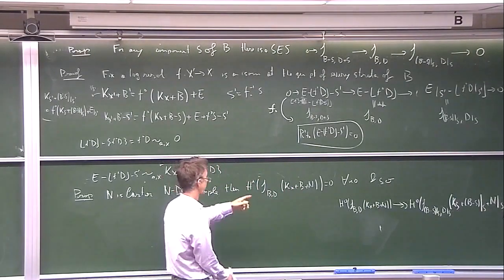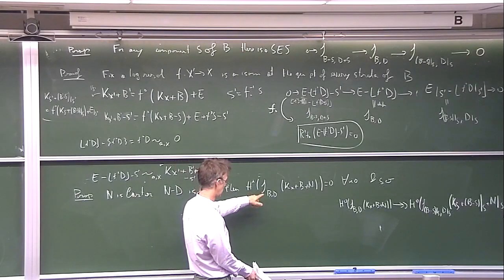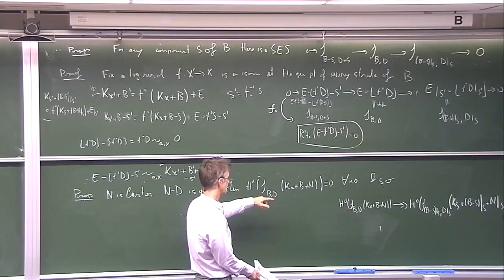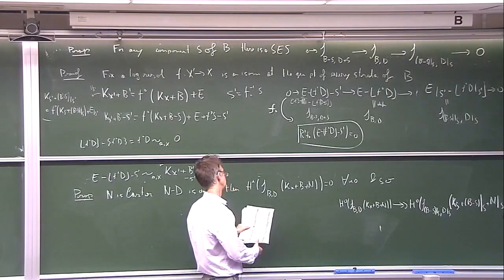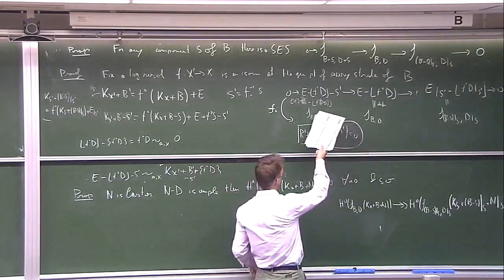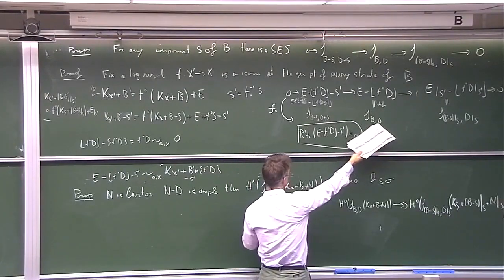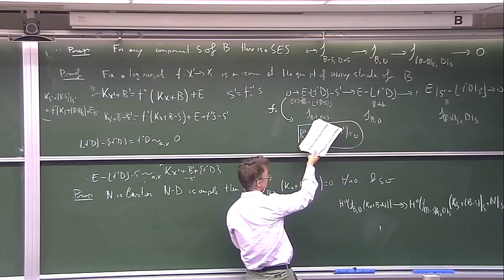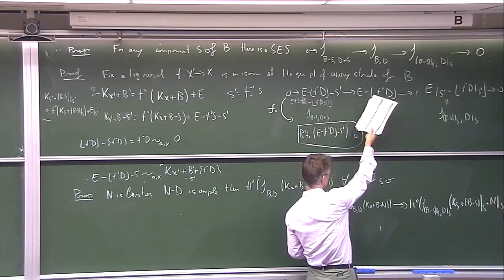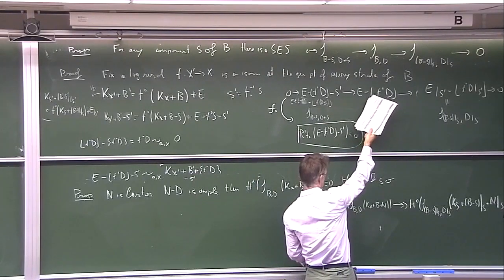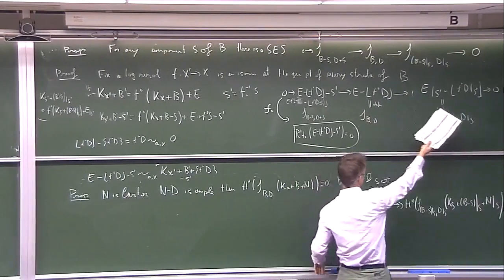I'm claiming that H1. Okay, so they have a very similar nature. I'm claiming that H1 of this guy, in fact, the way I've written it is H1 of this is 0, but by the same argument you can see that H1 of this is 0. And so you get surjectivity between H0 of this guy and H0 of that guy.